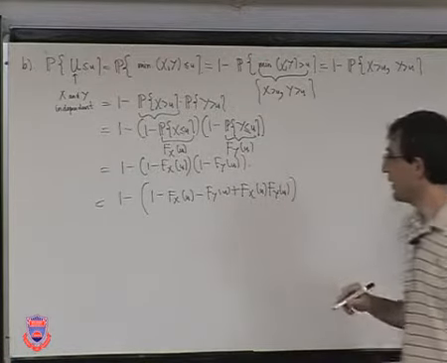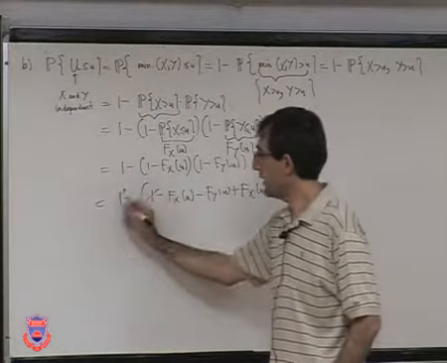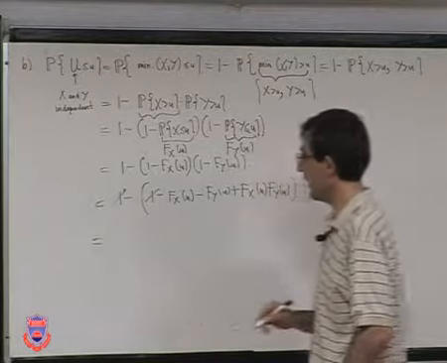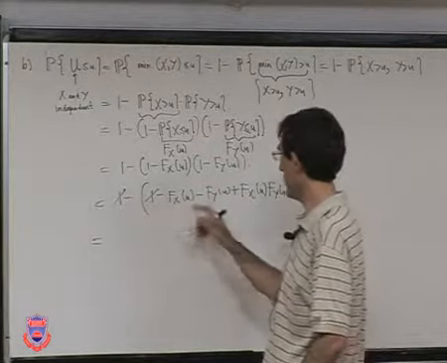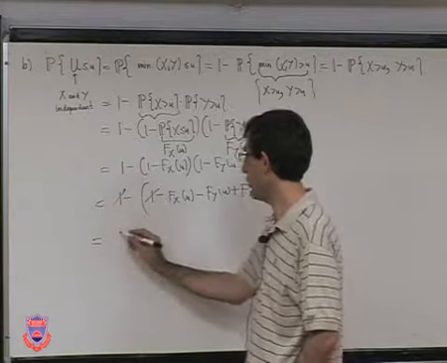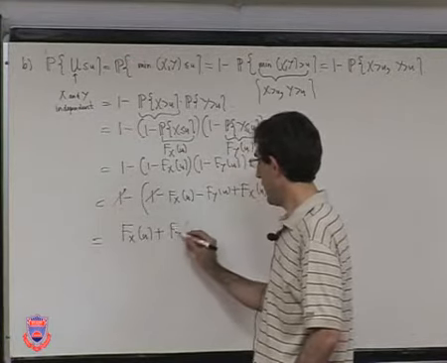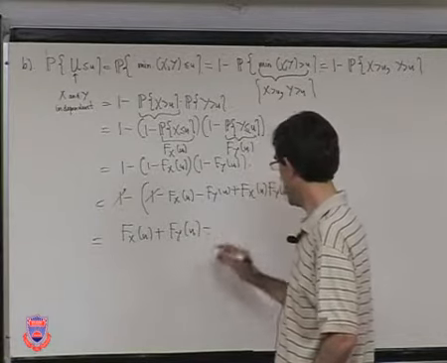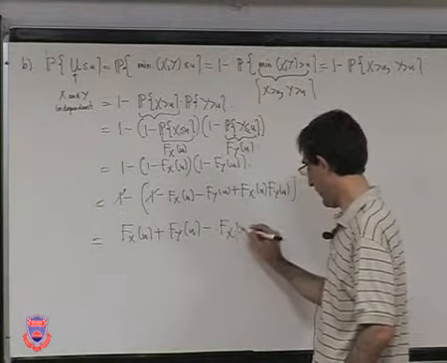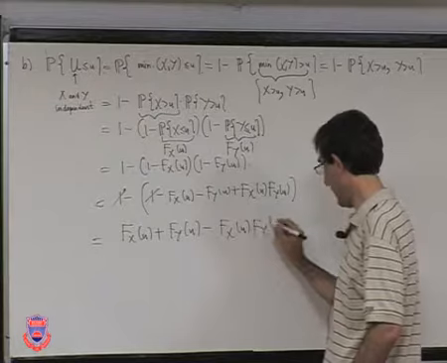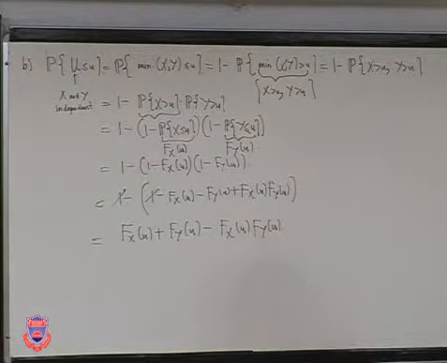And this 1 cancels the one outside, and the minus, multiplying with the others, will give you, first of all, F_X at u plus F_Y at u minus the product of F_X at u and F_Y at u.